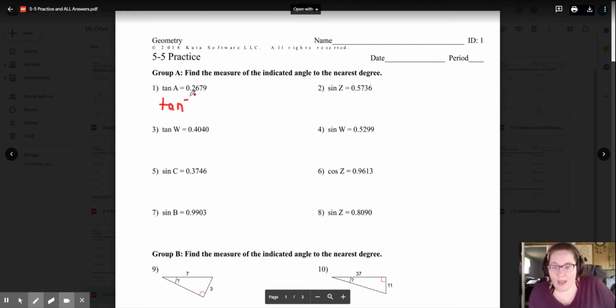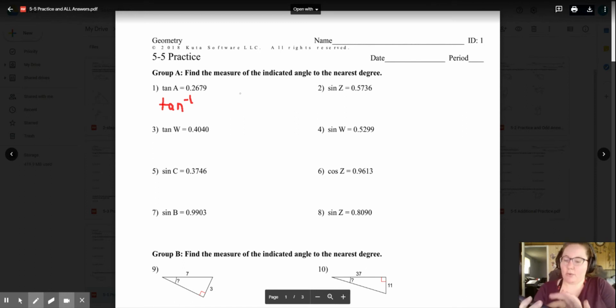You might have this button in your calculator, so let me show you what it looks like on mine, and maybe that will help you guys trying to do this on your own calculator. So you have to rotate it to the scientific calculator.